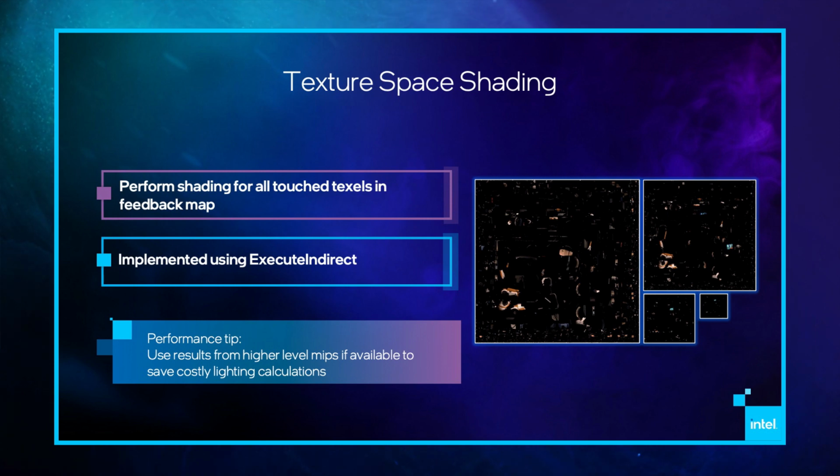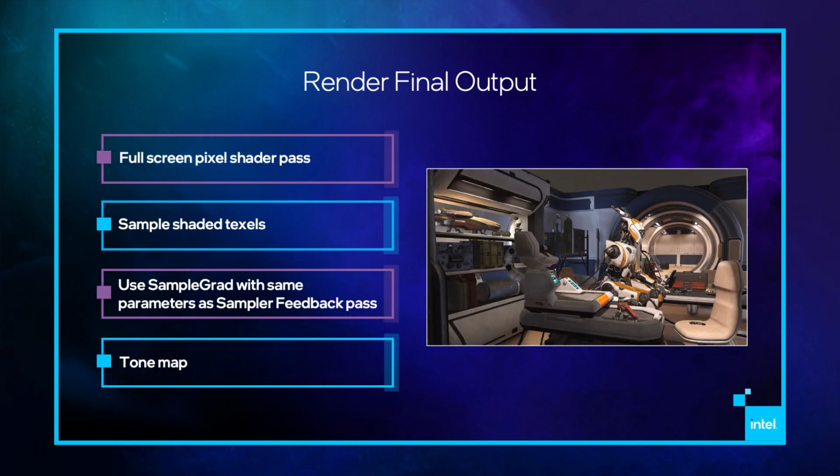This allowed the lower level MIPs to skip the costly lighting phase in texture space shading. And now we're at the end of the pipeline. The final output is produced using a full screen pixel shader pass. We shade using the paired texture.